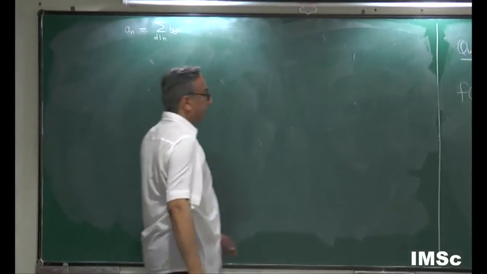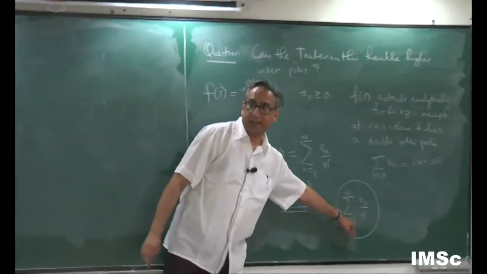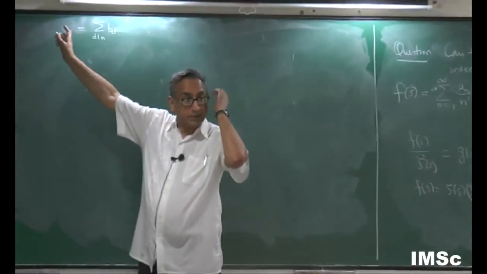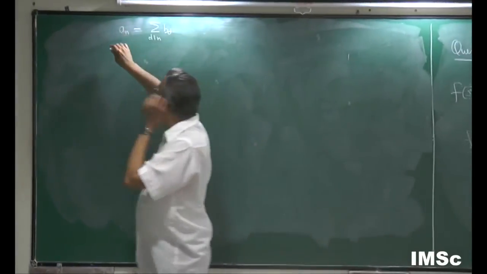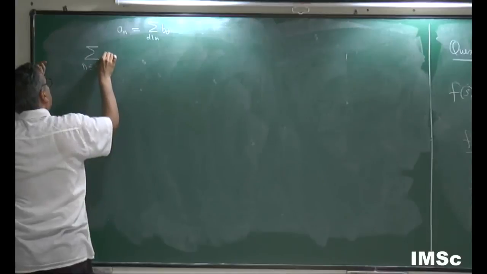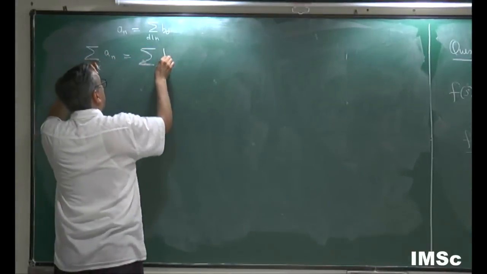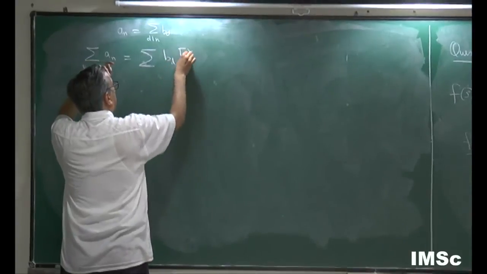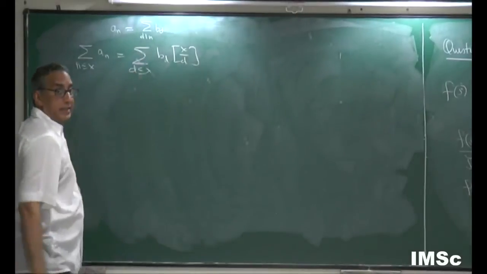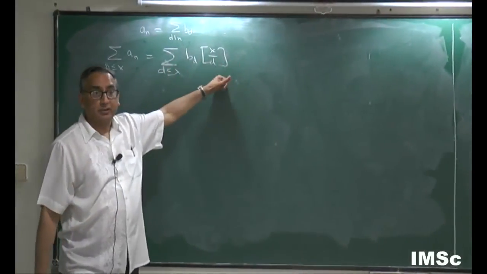That's coming from this product: zeta of s times this guy can be translated to An equals the summation over d divides n of b sub d. Okay? So therefore, summation An, n less than x, is now equal to summation bd times the floor of x over d, just by putting that thing in. So writing this An here, and then interchanging summation, you get this.